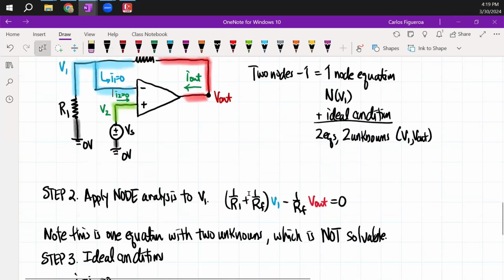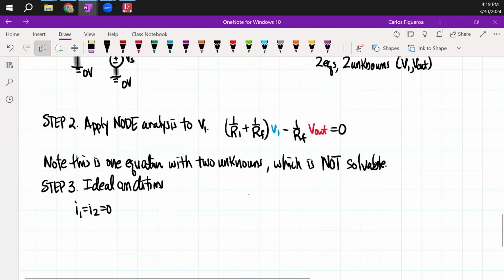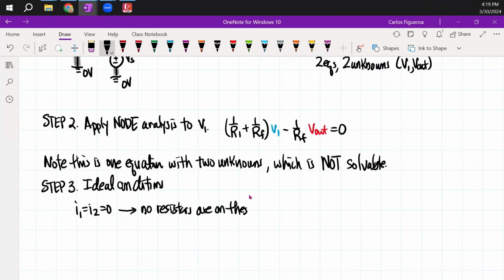So because of this, we come back and say no resistors are on these lines, so we don't get anything.